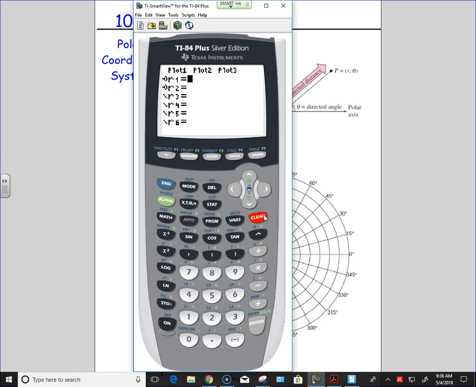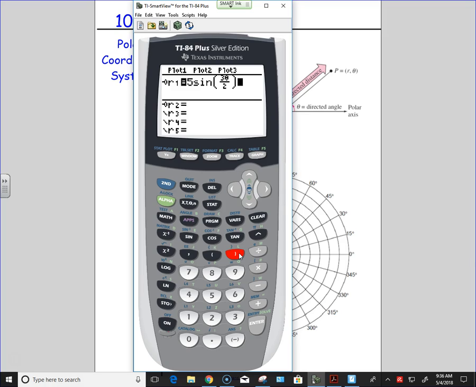Let's do 5 sine of 3 theta over 2. I'm giving you a harder equation just because it's going to make you play with your calculator a little bit more. There you go. Play with your window. Maybe start in Zoom Standard. Maybe change it up a little bit.